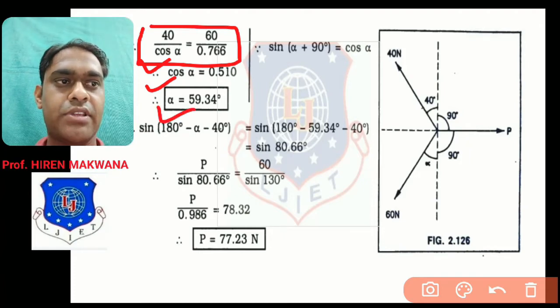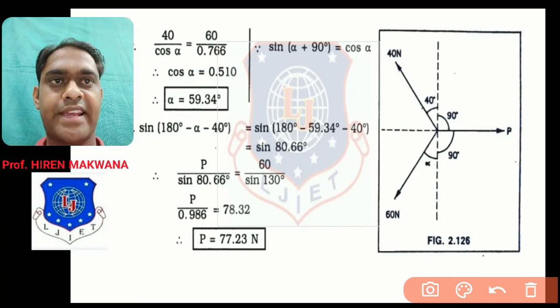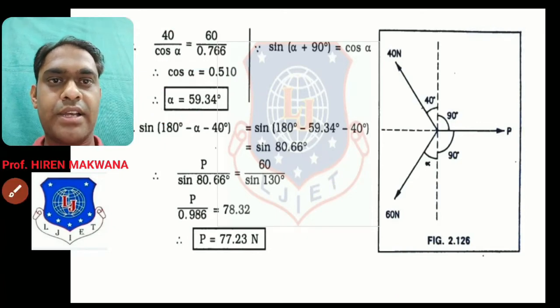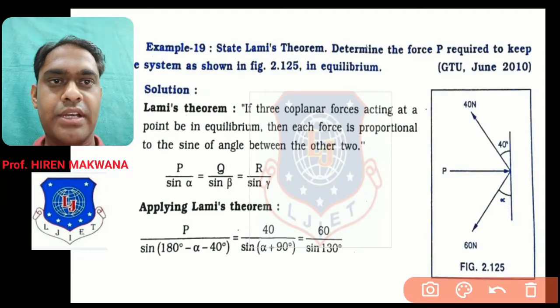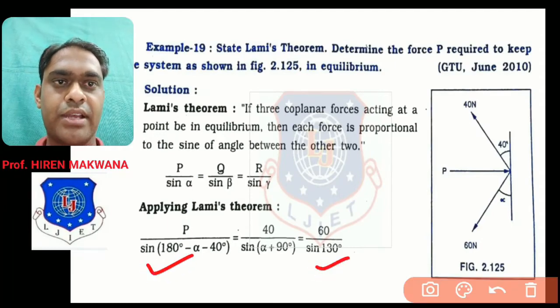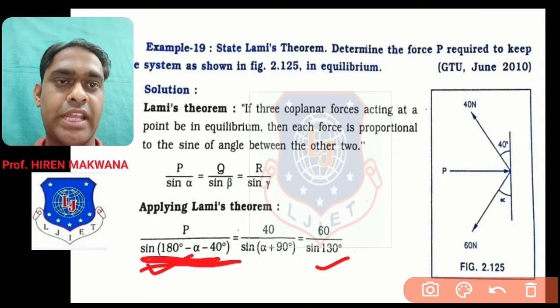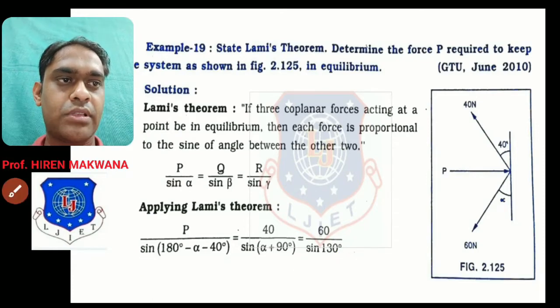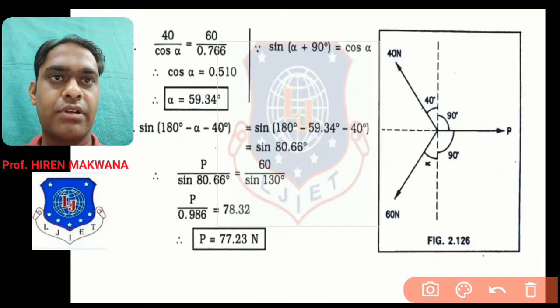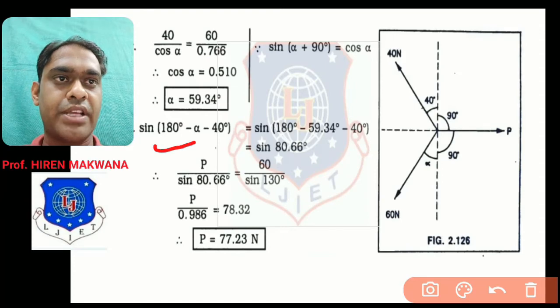So this is equation number 1, by solving the second and third terms. Now let us check the first term. So here it is, first term and last term. You can compare now. Alpha is now known, 59.34, so replace over here.